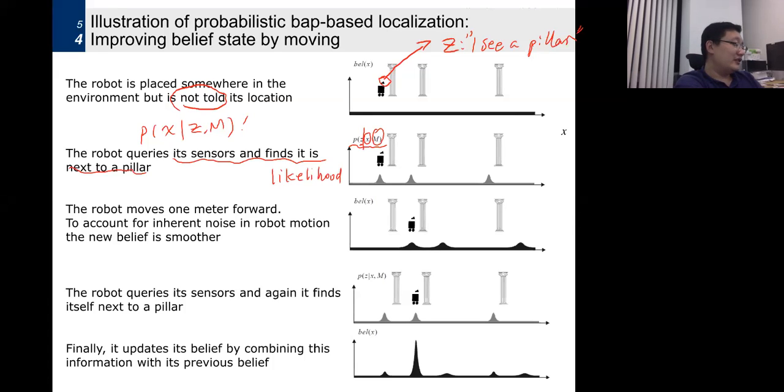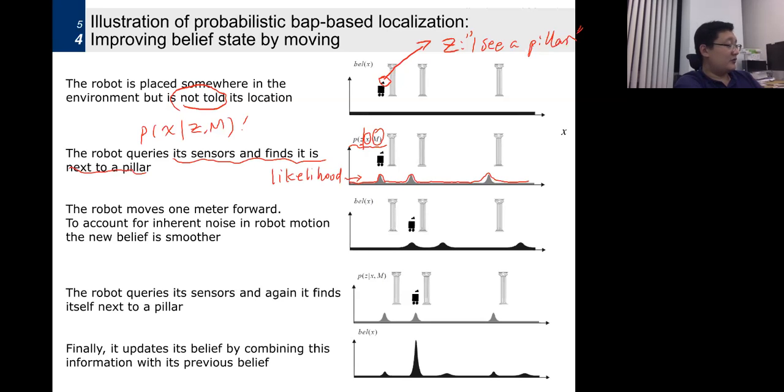That probability is the likelihood, shown like this. It is natural: you have 3 pillars in the environment, so P of Z given X and M is this.